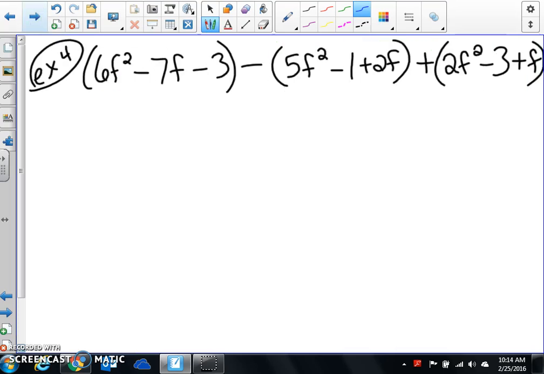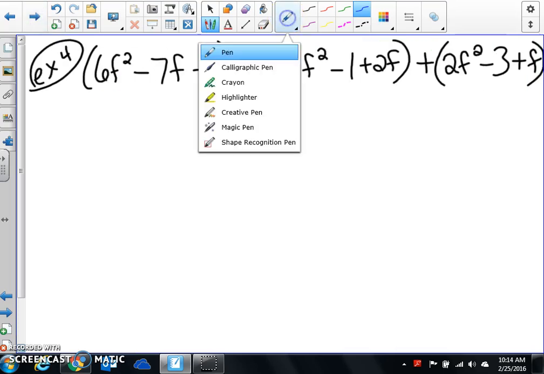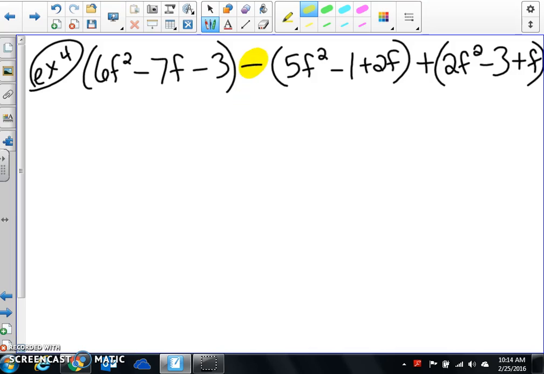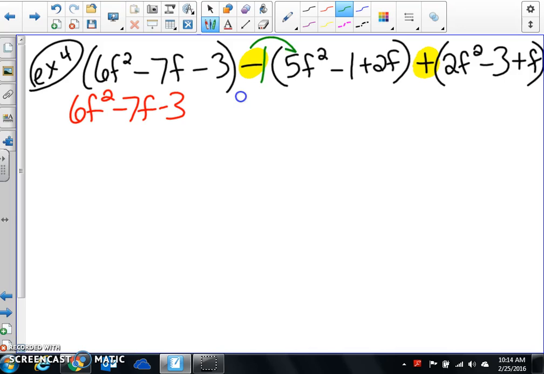All right, this is the last one. I've got a negative here and a positive here. So I rewrite my first, what is that, a trinomial? 6f squared minus 7f minus 3. I'm going to have to distribute this negative 1. So negative 1 times 5f squared is negative 5f squared.